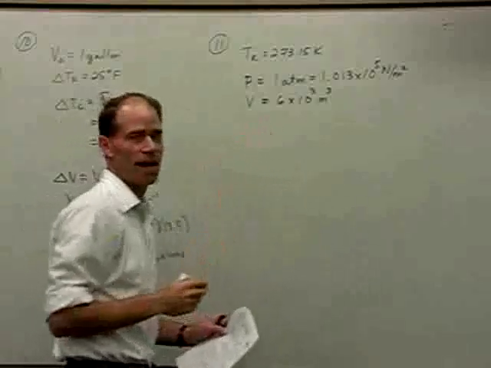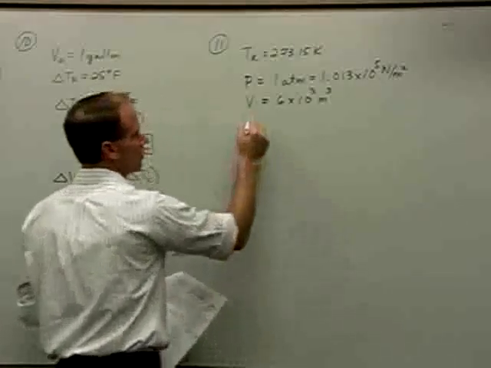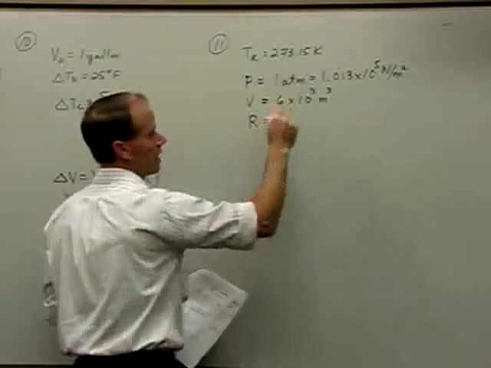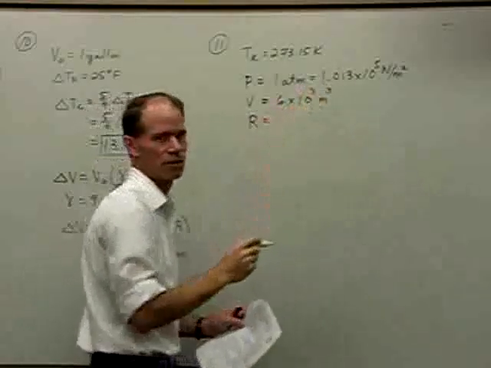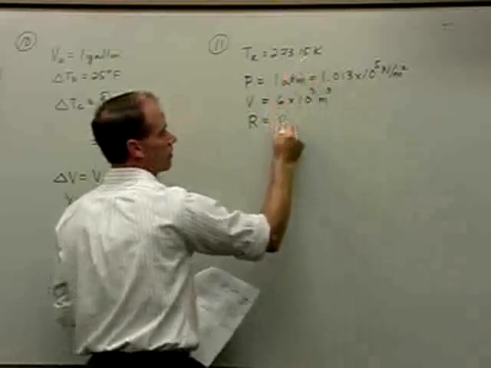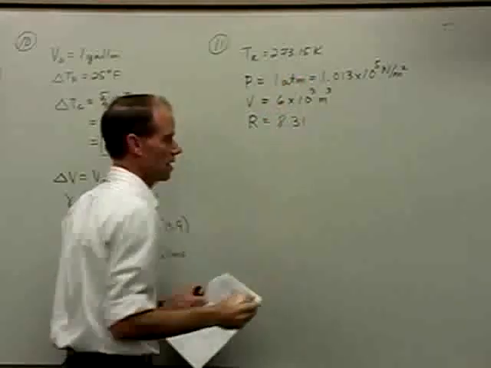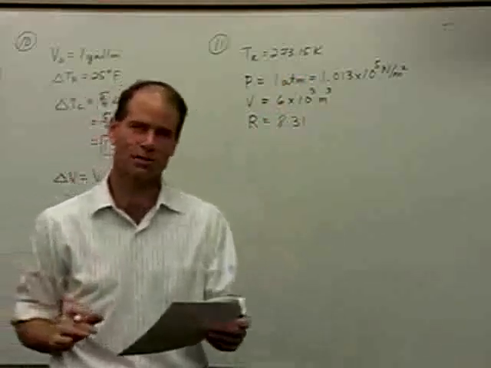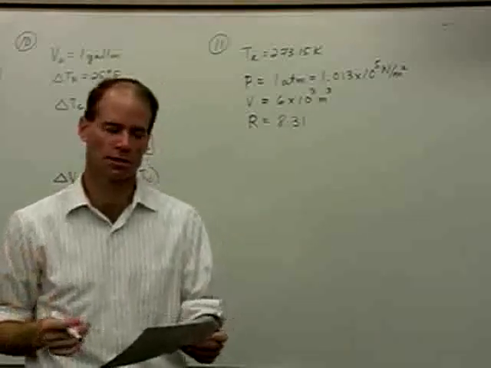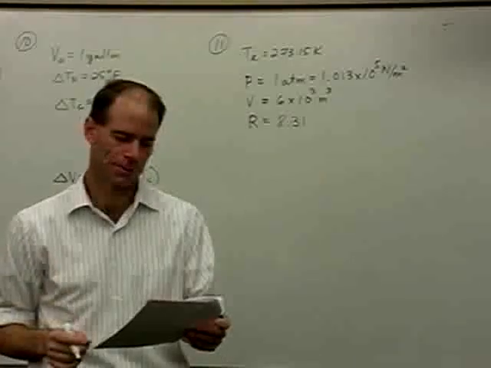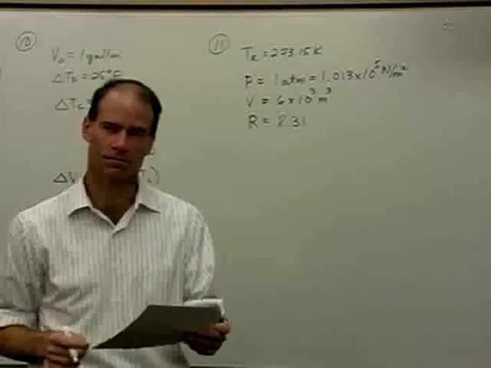Well, we're going to use the ideal gas law, and we have to use one form of the R constant. Since we're in the SI system, we're going to use meters cubed, newtons per meter squared, and Kelvin. We're going to use the form of R which is 8.31. There's another one, 0.0821, that we use when we're using liters and atmospheres.